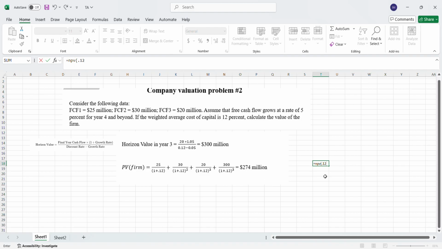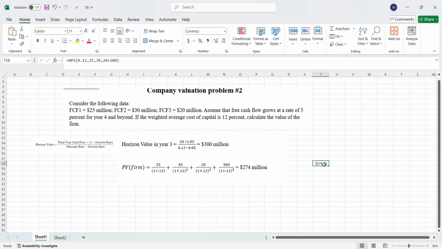Our 12% discount rate, and then we need to put in the values for each year. The first year our value is 25, the second year we have 30, and the third year we have 20 plus 300, right? In the third year we have two values, 20 and 300, and thus we get our 274 million present value for this problem.